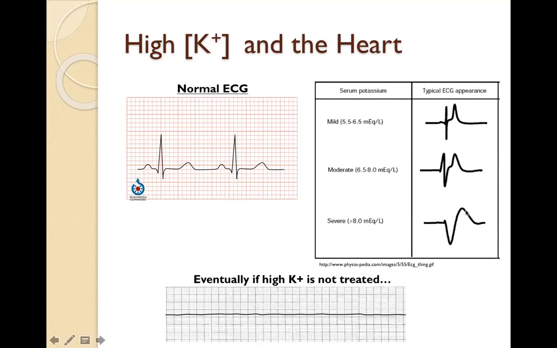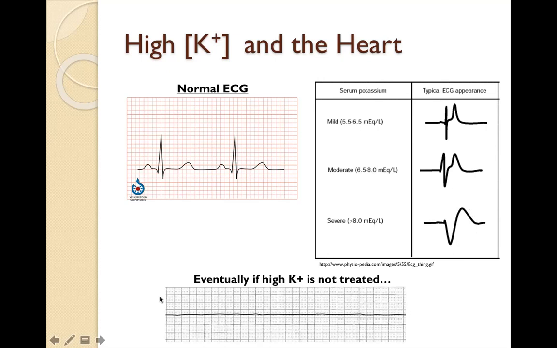When I think of potassium levels in the body, I think of the ECG like a string, and I pull up on the T wave as potassium levels grow higher, and I pull the string tighter and tighter and tighter. And as I pull the string tighter, the QRS complex widens out, turns into a sine wave, and eventually, if high potassium levels aren't treated, all your waveforms just disappear.